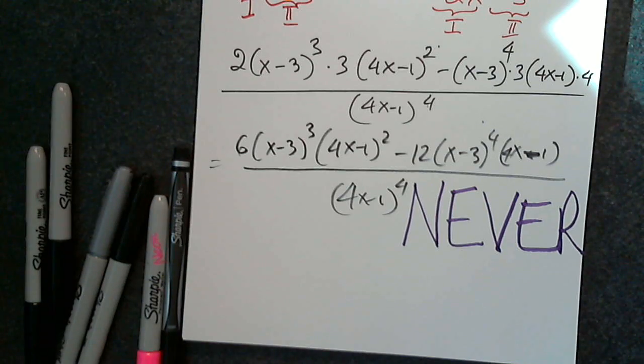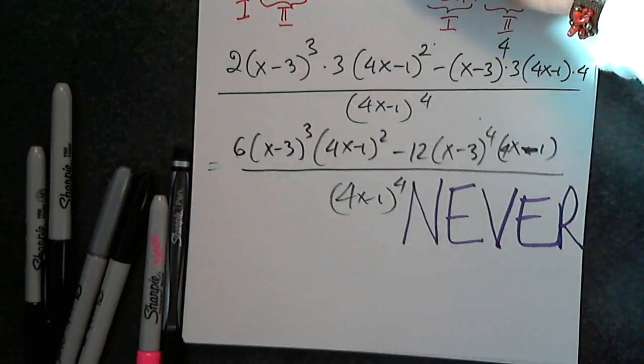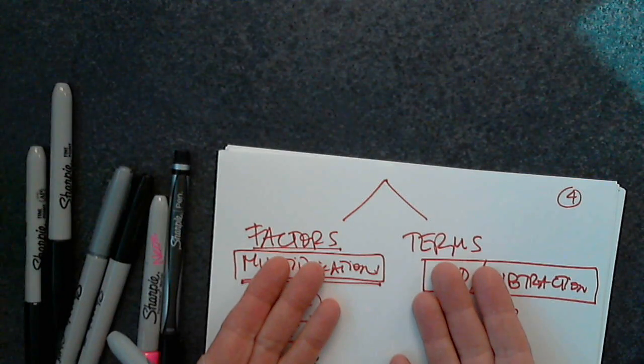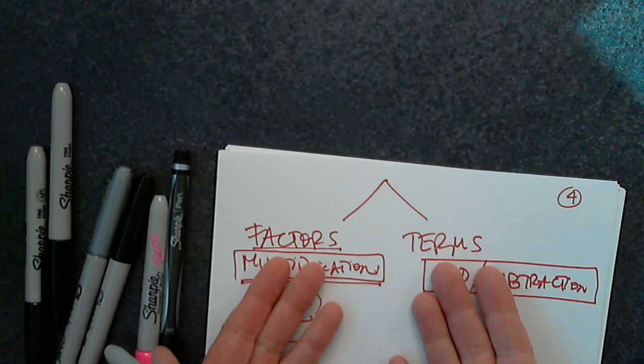What did we say when we solve rational equations? We only simplify factors, never terms.